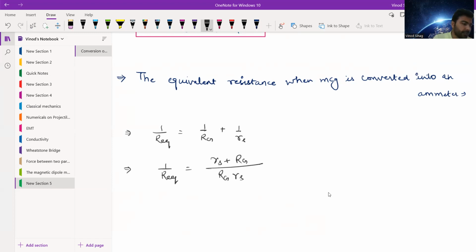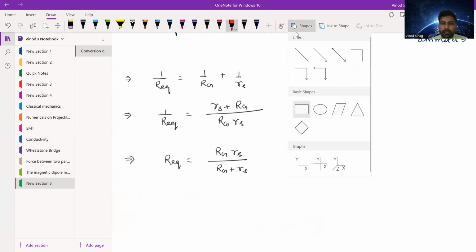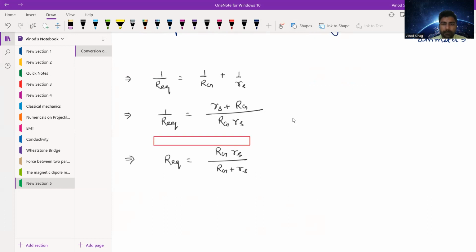This will be the equation. And later on, the equivalent resistance will be Rg into Rs upon Rg plus Rs. This will be the equivalent resistance of the galvanometer when it is converted into an ammeter.